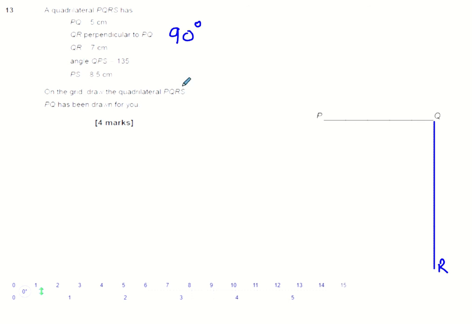You can use a protractor to actually measure the angle accurately, or you can recognize that 135 degrees is actually the 90-degree right angle plus an extra 45 degrees, which is going to be half of the right angle, which means that if we're starting at P, 90 degrees would go straight down, but an extra 45 will send us going down on this path here.